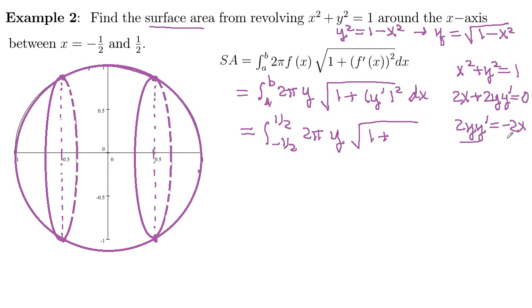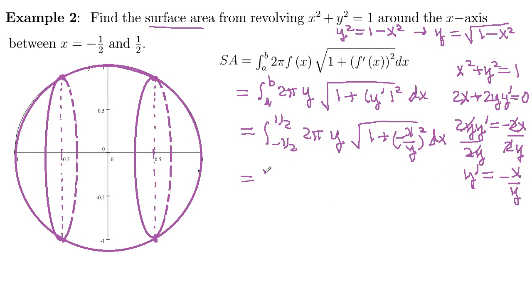Then divide both sides by 2y. The 2's cancel, and we get y prime equals -x over y. So our y prime in here is -x over y. That gets squared, and then dx.